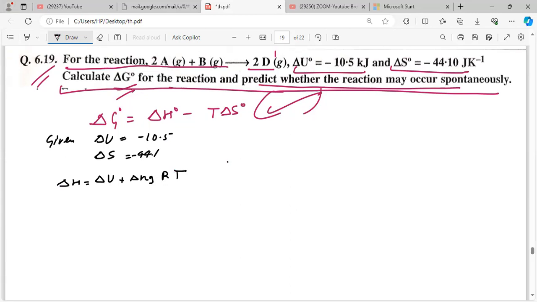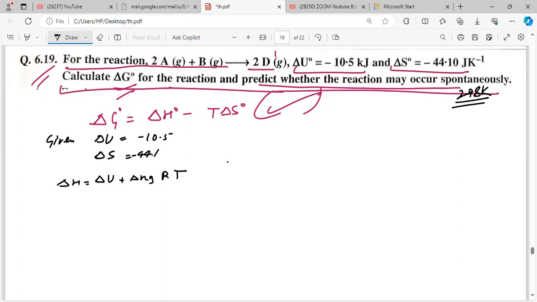You should read the question. Can you check the question in NCERT? Question number 19. For the reaction, there should be some standard condition. Can you read the NCERT? Sir, one line is given. Sir, for the reaction. Sir, I will send you the photo for this one. So this is a bit different in NCERT.